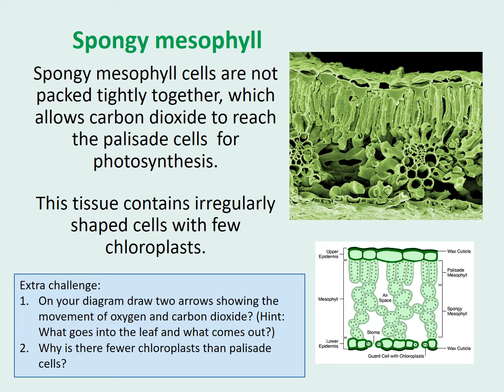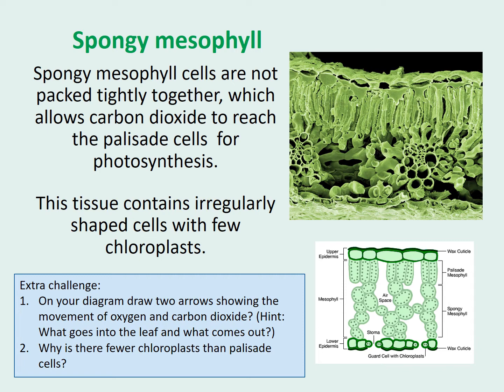Okay, so hopefully we've got that information down. Hopefully we have got an arrow that is coming into the leaf and moving around in the airspace, and that's going to be the carbon dioxide, because that's what the plant needs for photosynthesis. And then the oxygen will be going from the Palisade cells out of the leaf through those gaps at the bottom, which we'll talk about later.